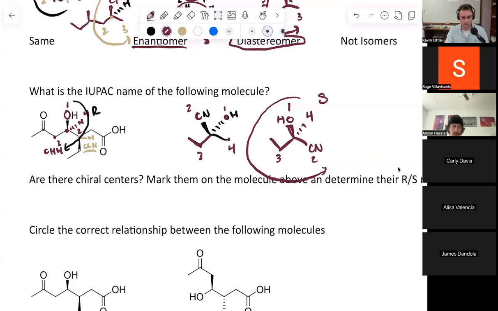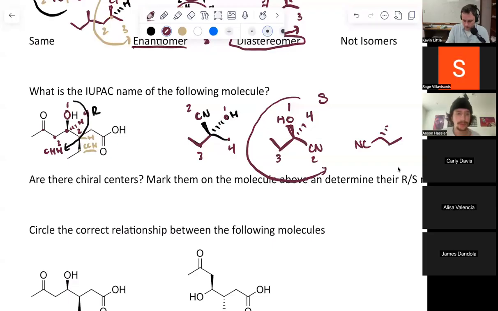I mean, since your methyl is your lowest priority, you switch that with the alcohol and then you switch the ethyl on the CN positions and you could still rotate it and you'd still have your S, I think it was.